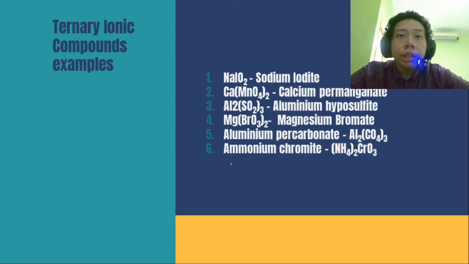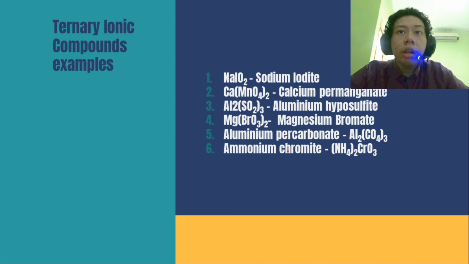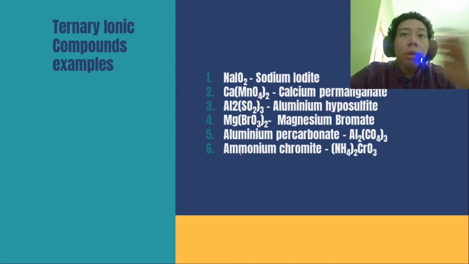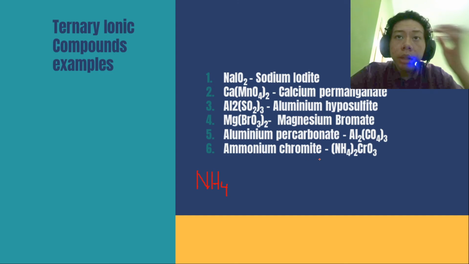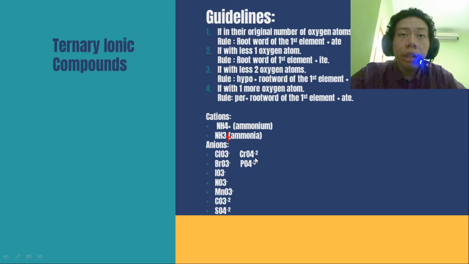Okay, the last question is ammonium chromite. The first thing to do is to determine the symbol of each element or compound. Ammonium is NH4, and chromite, from the word chromate, is CrO4, right?